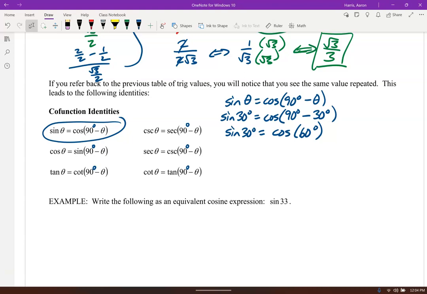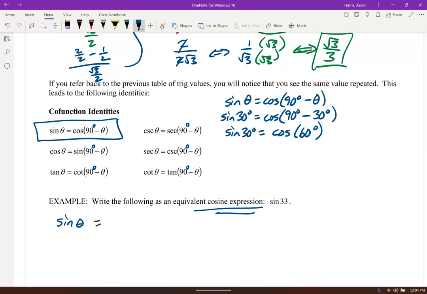So let's do it for this one. Let's go ahead and write an equivalent cosine expression for sine of 33. Well, I want sine to go into cosine, so I'm going to use this one right there. I want sine to become a cosine. So let's use this cofunction identity.